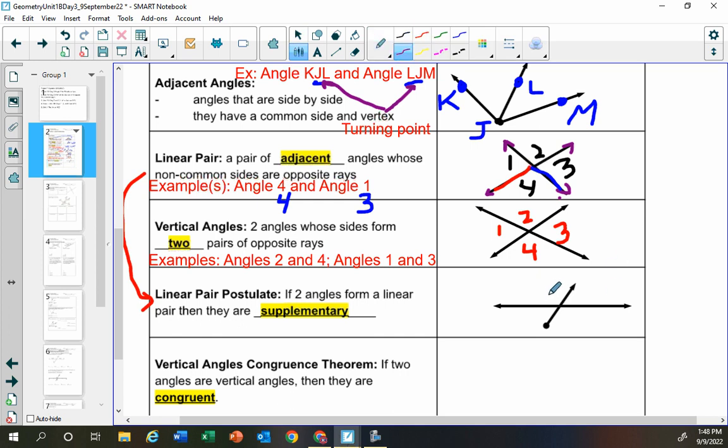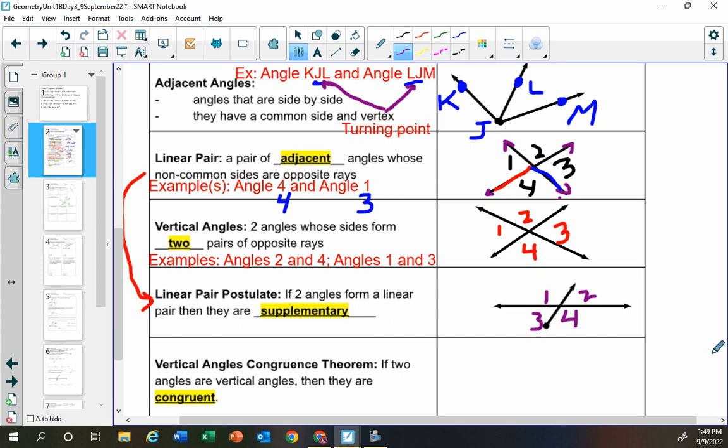So notice, let's say this is 1, 2, 3. It's going to be a little different, but the idea is the same. So even if it's like crooked, same idea. As long as they share that side, you're still going to have a linear pair.